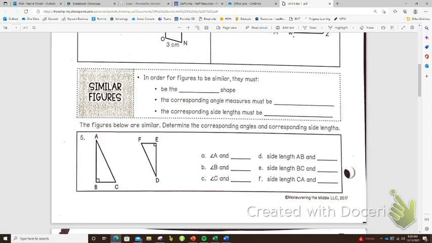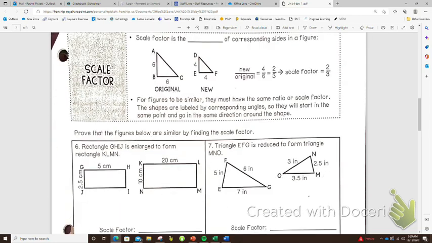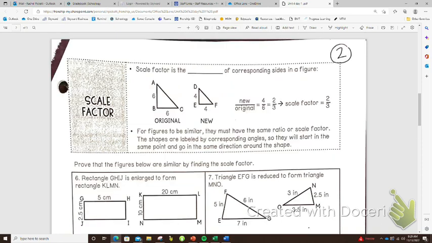Moving on to the next page, we're going to look at scale factor. And scale factor is the ratio of corresponding sides in a figure.